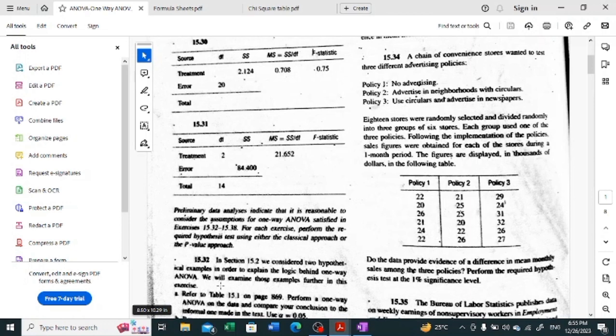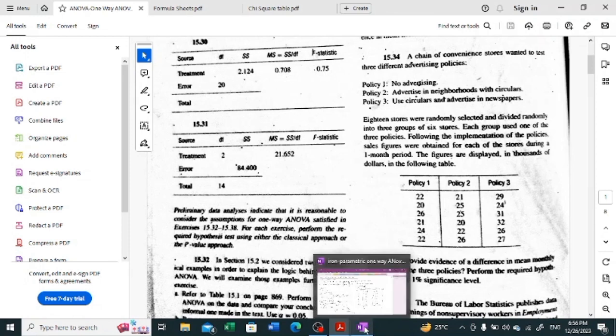the parametric approach of one-way analysis of variance, 15.34, in which we are given three data sets for three different advertising policies being adopted in 18 stores randomly divided equally into three groups of six each.